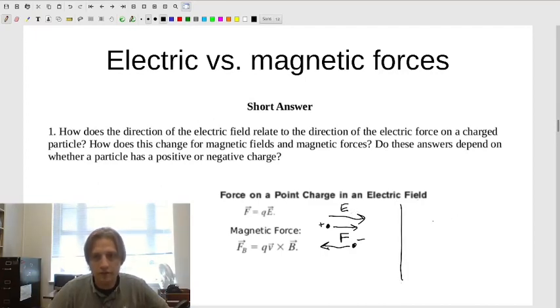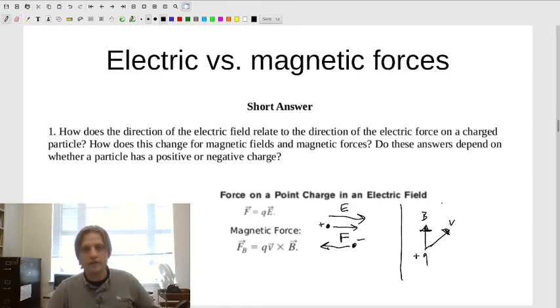On the other hand, for our magnetic field, let's say we have B in this direction, and we have a plus charge, plus Q, and our V in that direction.